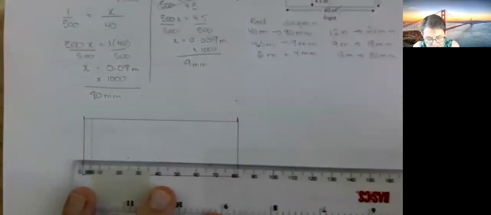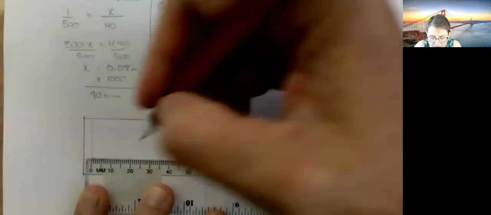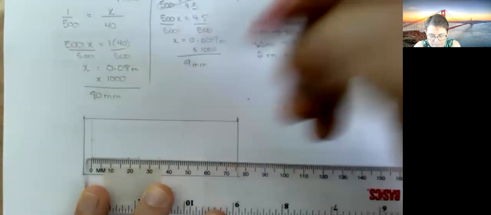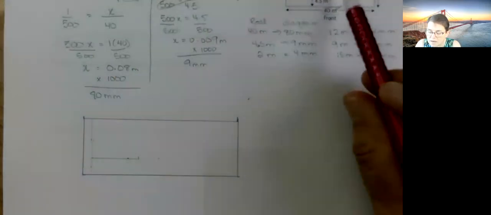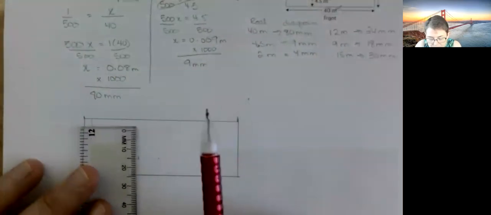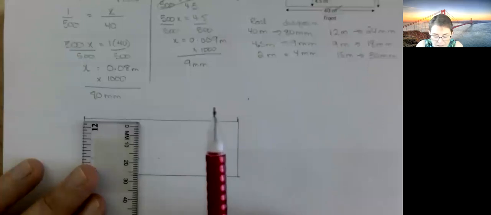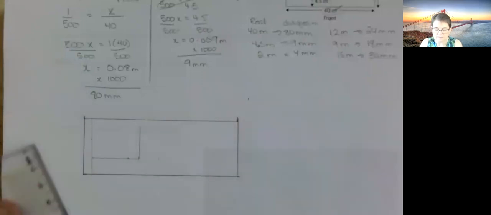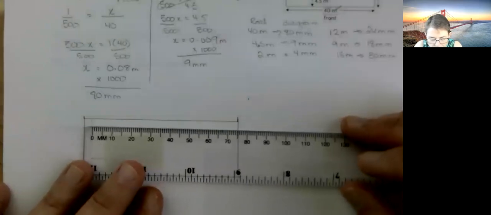So I could actually measure right now that this line is 24. So I need to stop right there. Okay. And I'm going to draw up the 9 meters. That was 18 millimeters. So that would be 2 before the 20. And then this one, hopefully, still 24.